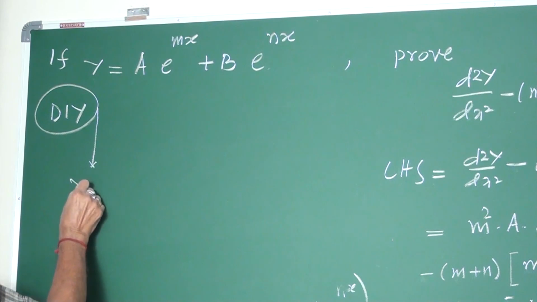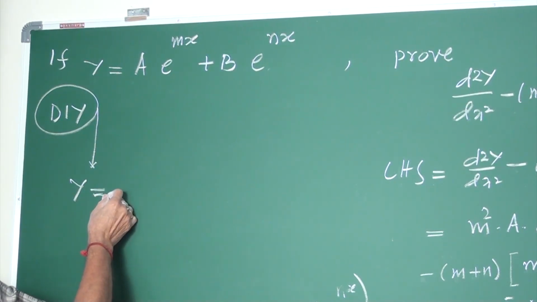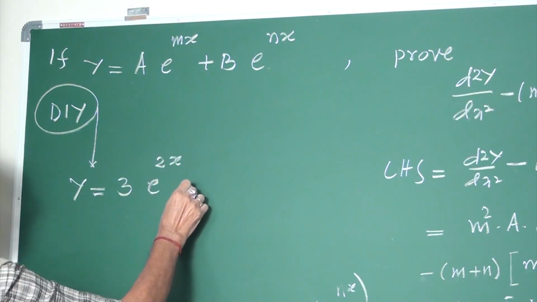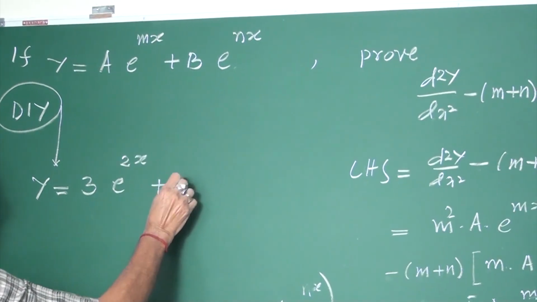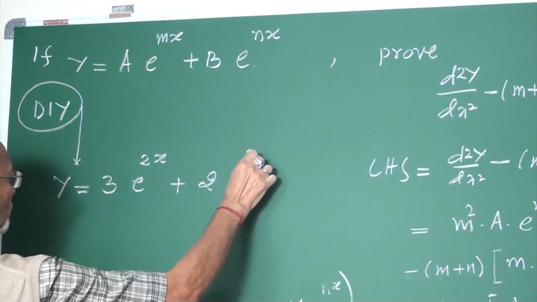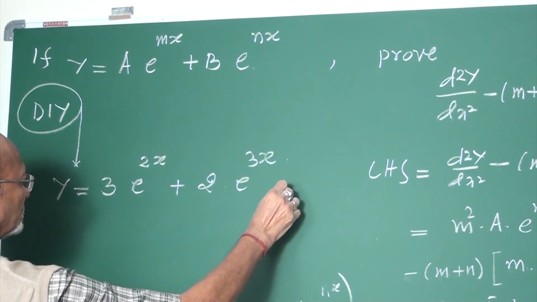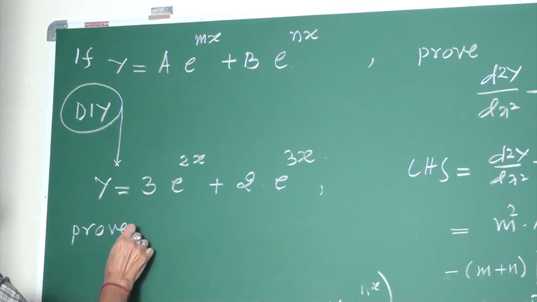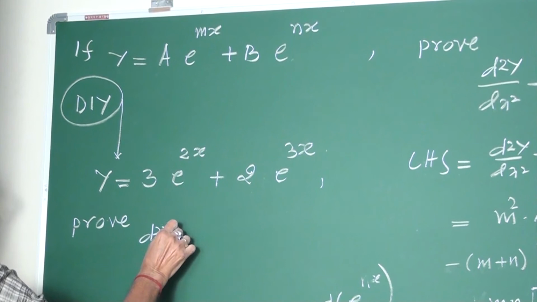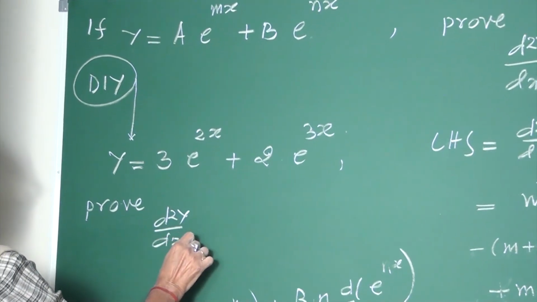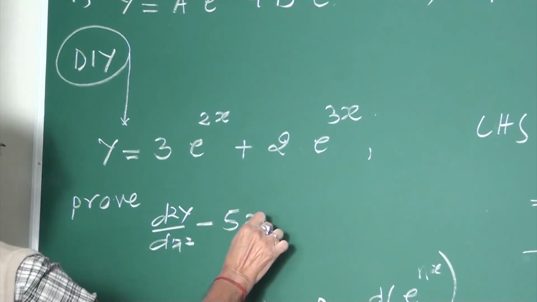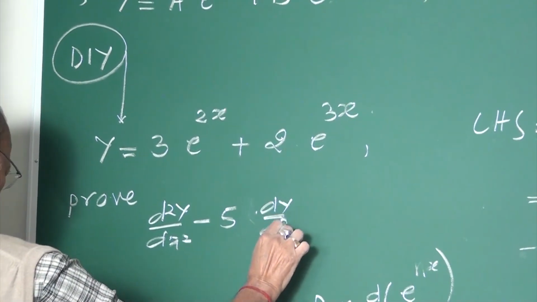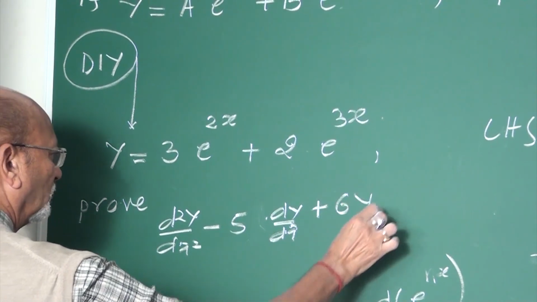Yes. y equal to 3 into e to the power 2x plus 2 into e to the power 3x. Then prove d2y by dx2 minus 5 dy by dx plus 6y equal to 0.